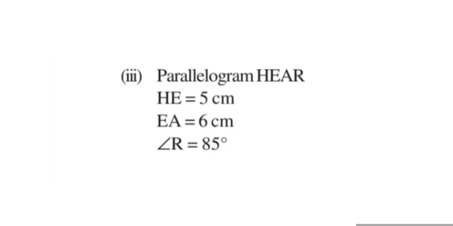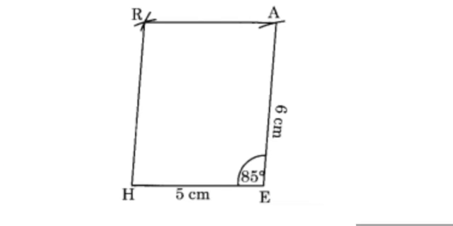Now let's see number 3, parallelogram HEAR. So now see the steps. First draw a line segment HE of 5 centimeter and an angle of 85 degree at point E, as vertex A is 6 centimeter away from vertex E. Cut a line segment EA of 6 centimeter from this ray.